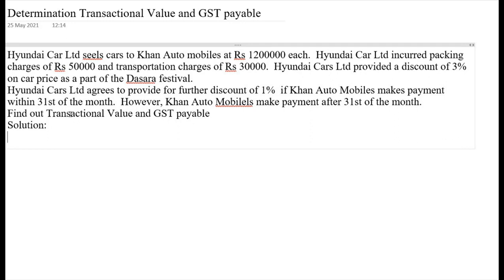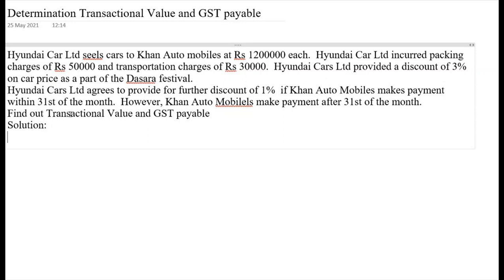So the car price here is rupees 12 lakhs and Hyundai Car Limited incurred packing charges of rupees 50,000 and transportation charges of rupees 30,000, which can be included in the transactional value. And it provides a 3% discount on the car price as a part of the Dasara festival, which can be excluded from the transactional value here.